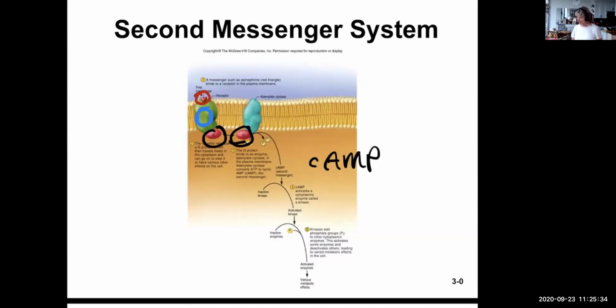So there are enzymes involved, kinases. They are triggered to become functional. Other enzymes then are activated, and they go through many different functions. These activated enzymes cause many, many different metabolic functions. They may, for example, break down glycogen in the liver.